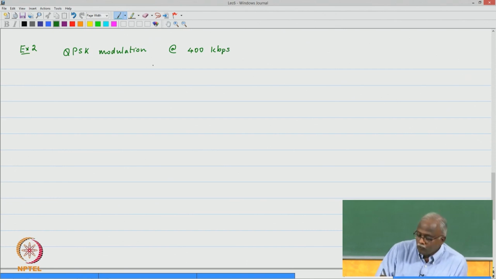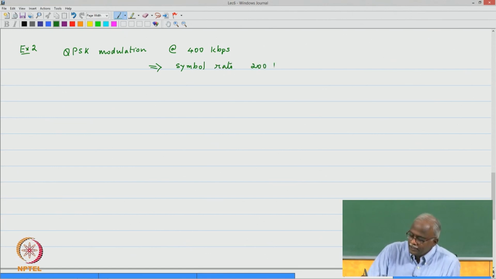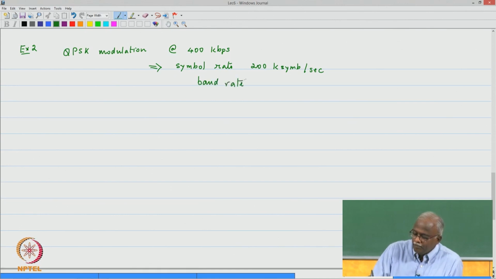Now, QPSK at 400 kilobits per second says that my symbol rate, since I am transmitting 2 bits per symbol, is 200 kilosymbols per second. This is also referred to as the baud rate, where the baud rate is 200 kilobaud. Okay. Now, this is a basic definition of a system.